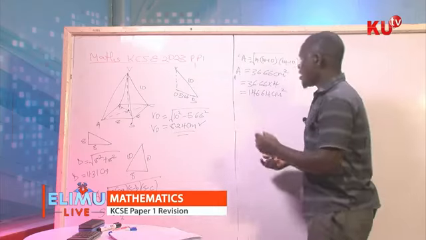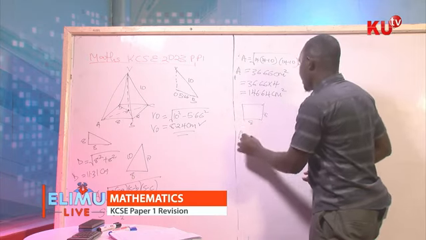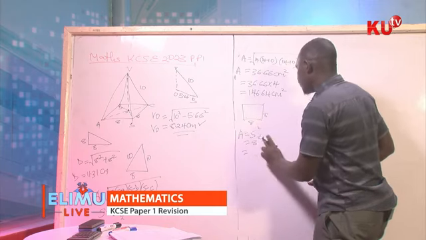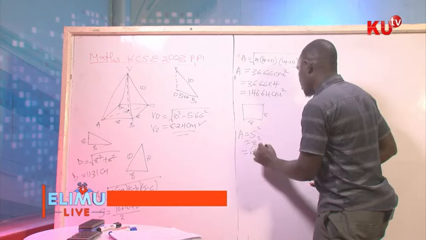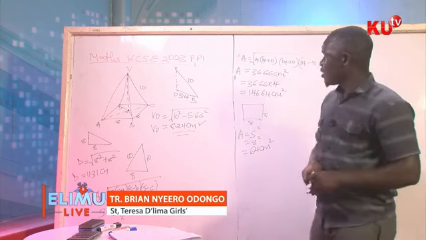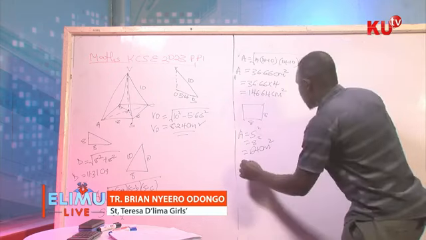What about now the base? The base is a square of side 8. How do you get the area of a square? It is S squared, which is 8 squared, giving you 64 square centimeters. To get now the total surface area, it is the summation of the areas.